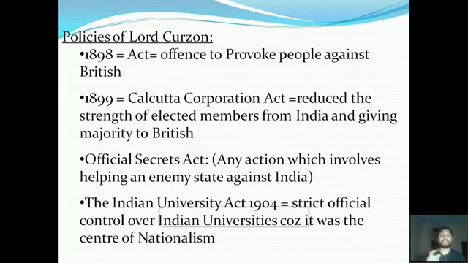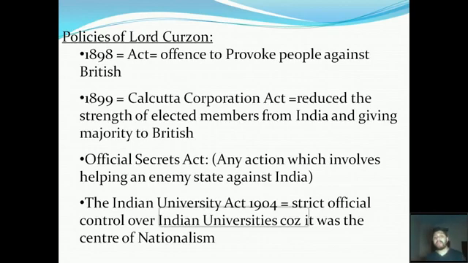Again, in 1899, the Calcutta Corporation Act. We have already seen that because of this act, a number of people lost their jobs. It reduced the strength of elected members from India and gave the majority to the British.